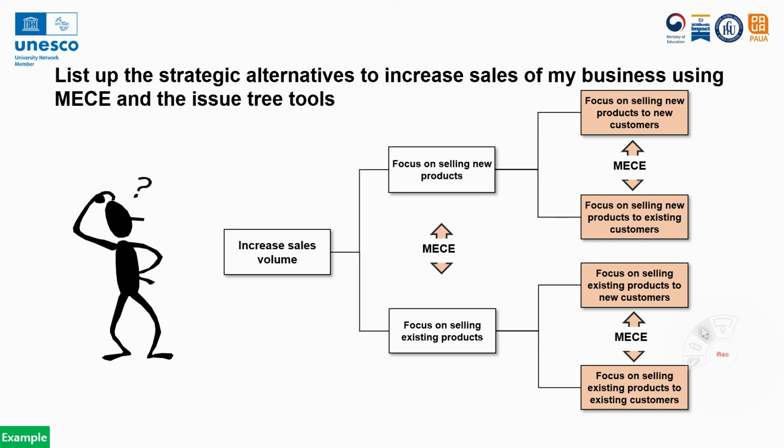If we look at another option of increasing the sales volume, that is focus on selling existing products, there are two different ways. One is focus on selling existing products to new customers. The other option is focus on selling existing products to existing customers, right? So the big issue of increasing sales volume might be disaggregated into 4 different strategic alternatives.